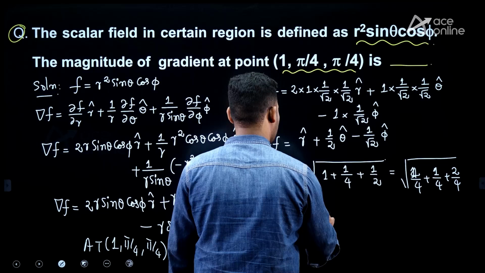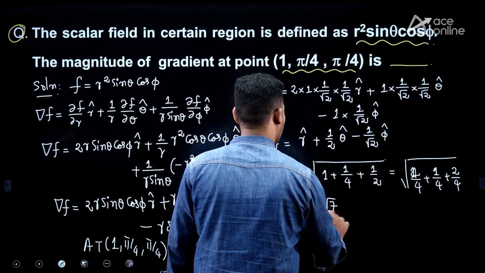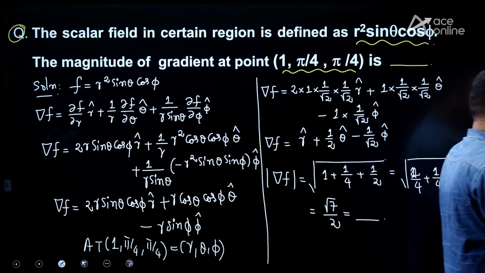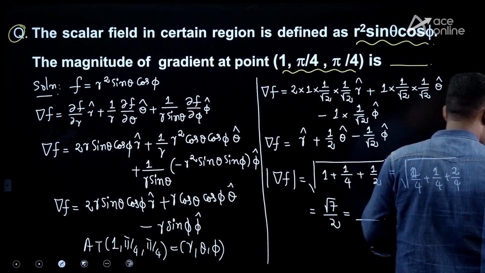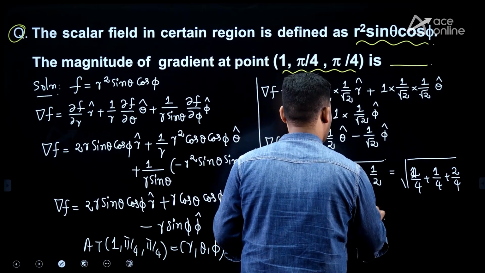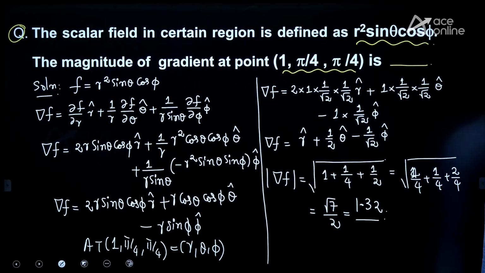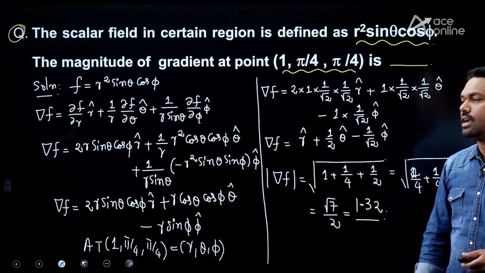So it is square root of 7 by 2. Can anyone tell me what is its value, guys? Root 7 by 2 is 1.32. That is the answer. Am I correct? Okay, friends. Fine. Let us have one more question.